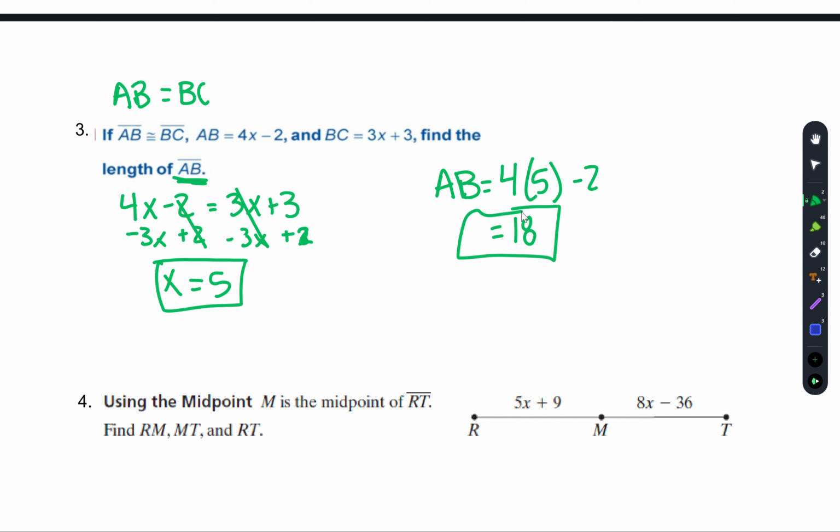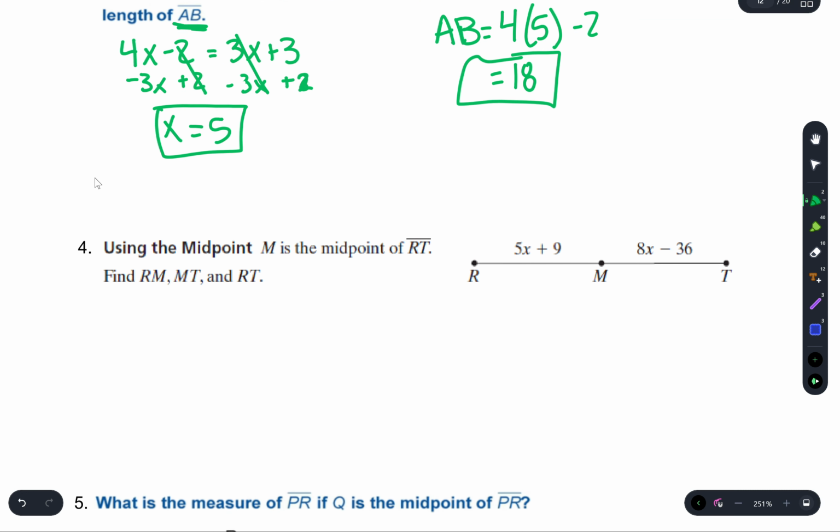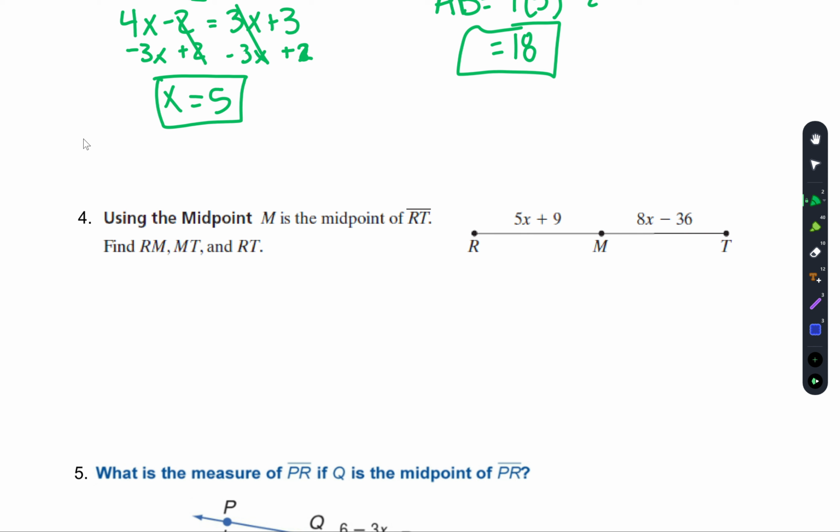Now we're thinking midpoint. We're going to use that definition of midpoint. M is the midpoint of RT. So what does that tell me about these pieces on this diagram? If M is the midpoint. Yes, Caitlin. Yeah, they're congruent. First things first, I'm going to mark that on my picture. Remember, we mark things as being congruent with these little tick marks.